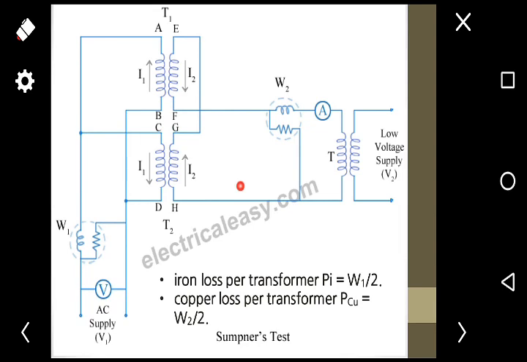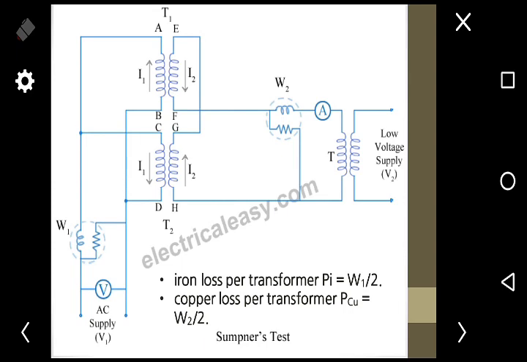Both the EMFs cancel each other as the transformers are identical. In this case, as per the superposition theorem, no current flows through the secondary winding, and thus the no load test is simulated.